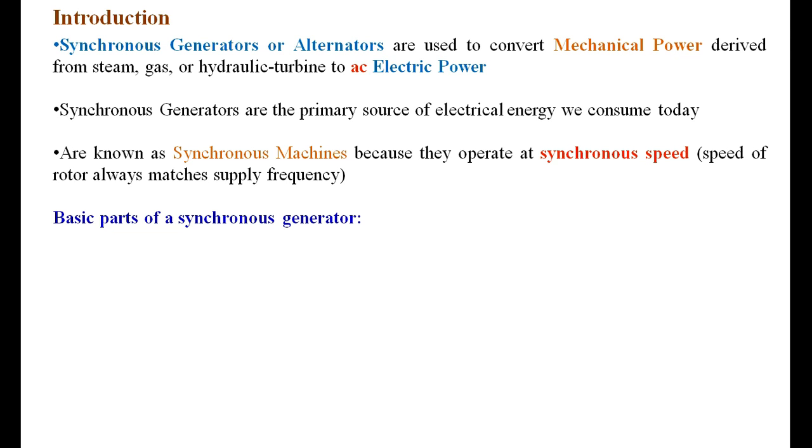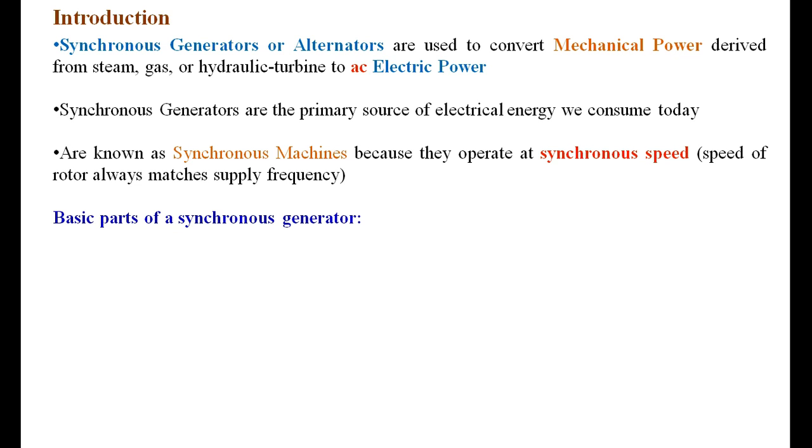Therefore, the basic parts of the synchronous generator consist of the stator, in which we place the armature conductors in which the voltage is generated, and the rotor, whose object is to produce the magnetic field. This rotor is coupled to a turbine, either a hydraulic turbine, steam turbine, or nuclear turbine.